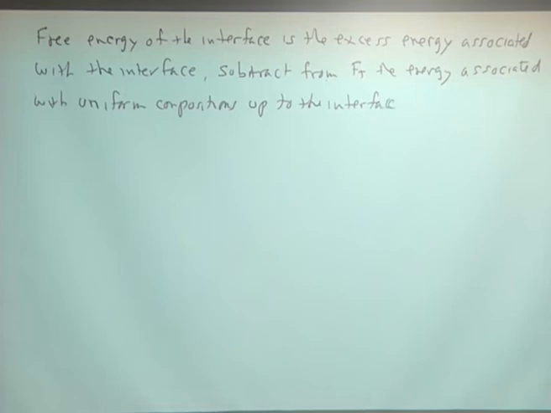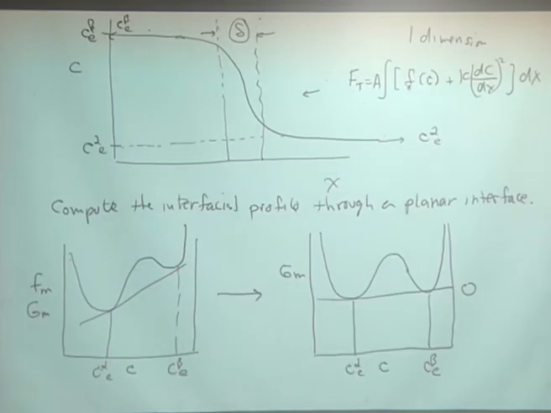Okay, so in other words, if you had these phases and they were uniform right up to the interface, the compositions are uniform and you have no gradients. What is the energy associated with the alpha phase of composition C alpha E? 0, right? Same thing with beta E, and that's basically why I chose that free energy function, just to make life easy.